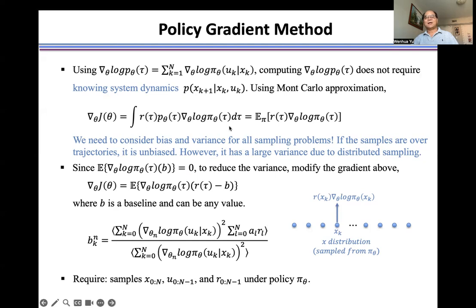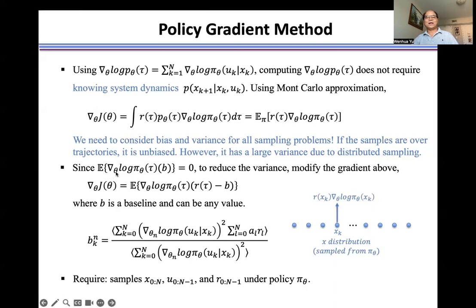As we know, if we change the integral to an expectation, then we have to consider the bias and the variance problem. Because this sample is along the trajectory, we don't have a bias problem. However, because the sample is along a trajectory, we have a large variance.